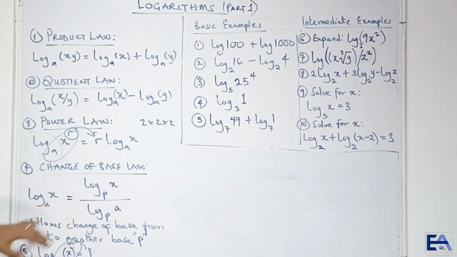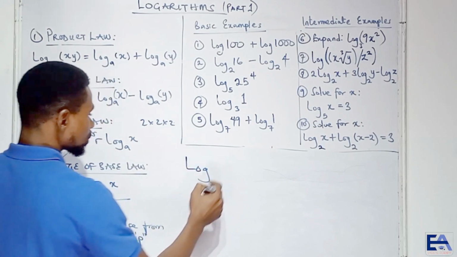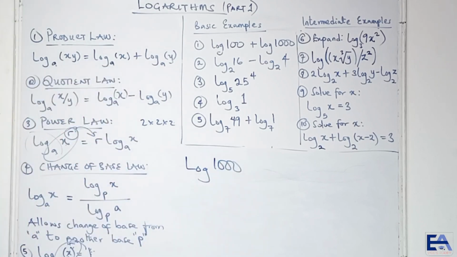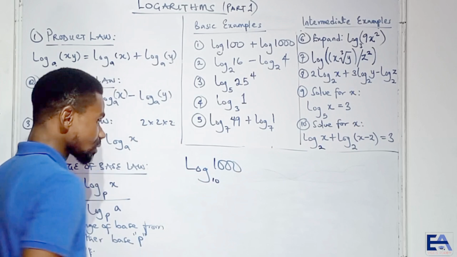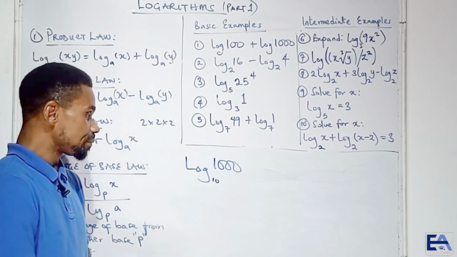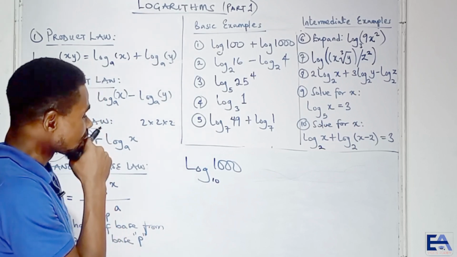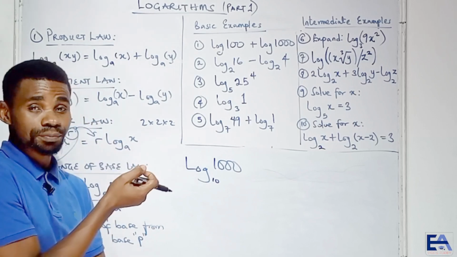So if I have log 1000, it was in base 10 before, so let's write it out explicitly as base 10. Now I wish to change it to something in base 2.